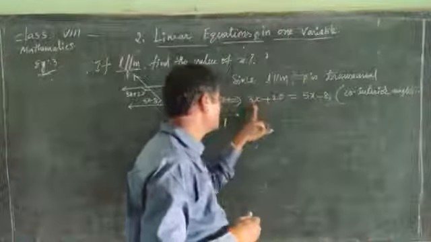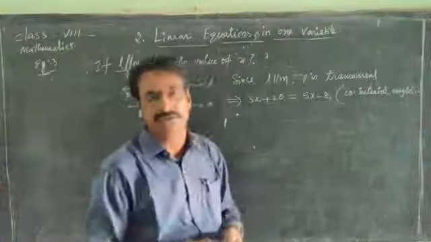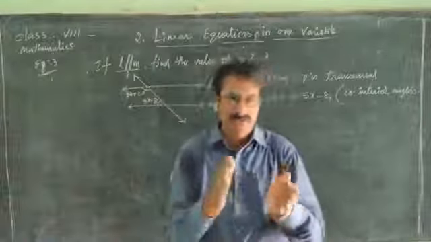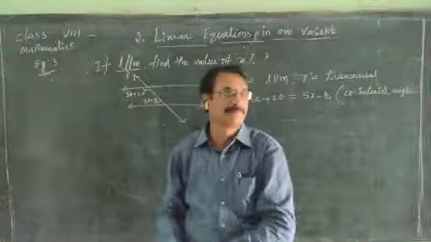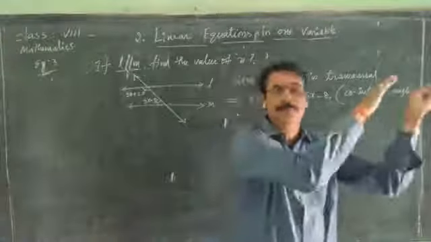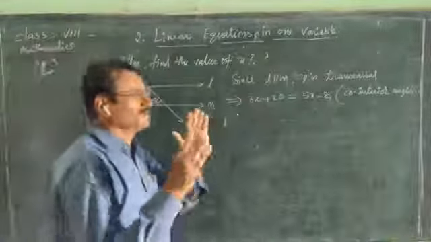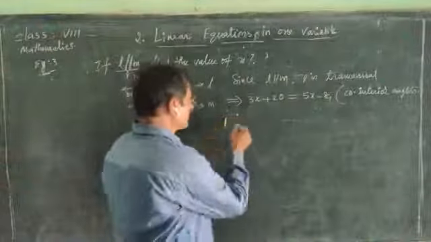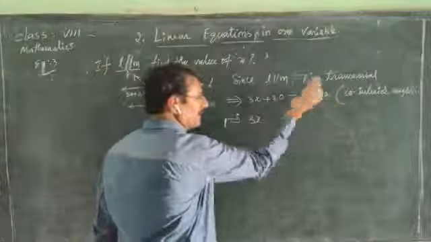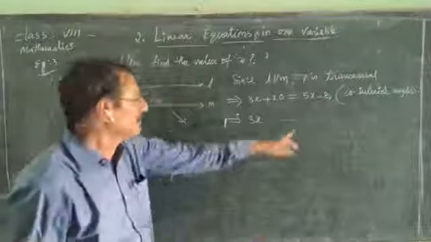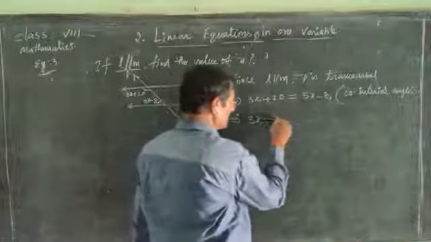To solve this type of equations, we must send all x terms to one side, all constant terms to the opposite side. So first you observe the x terms only. On the left side, 3x is our x term. Bring that 5x to this side. It is a positive term. It becomes negative on the left side, 5x.